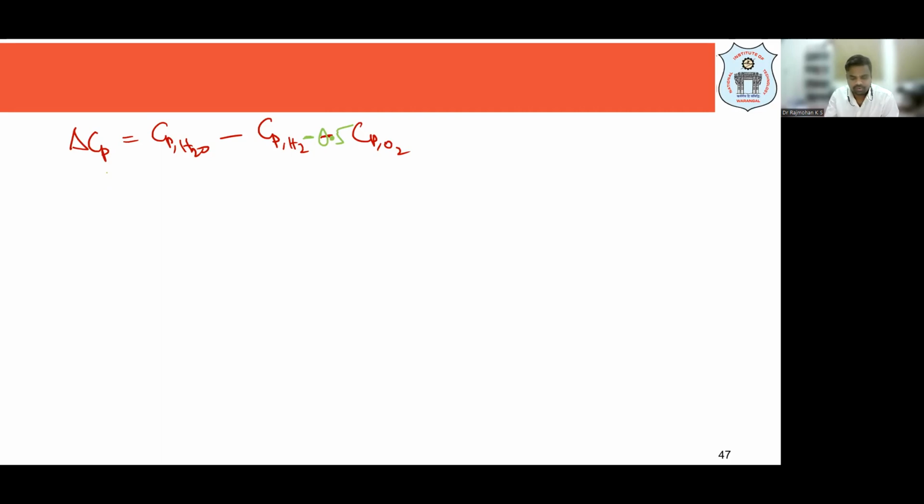And change in Gibbs free energy is related to the maximum conversion of chemical to electrical energy.